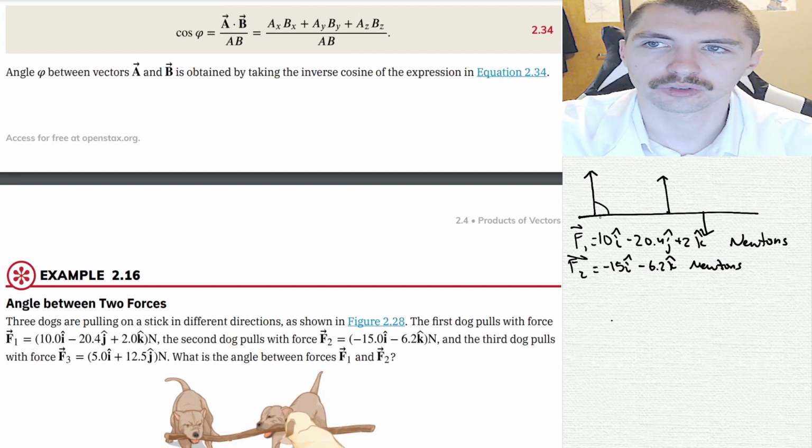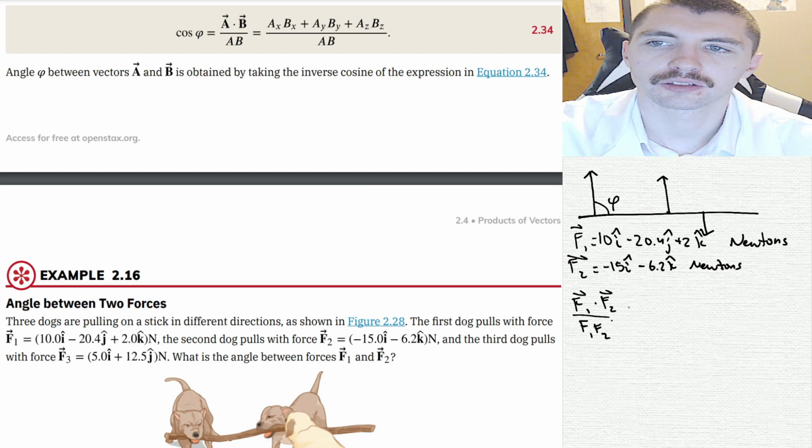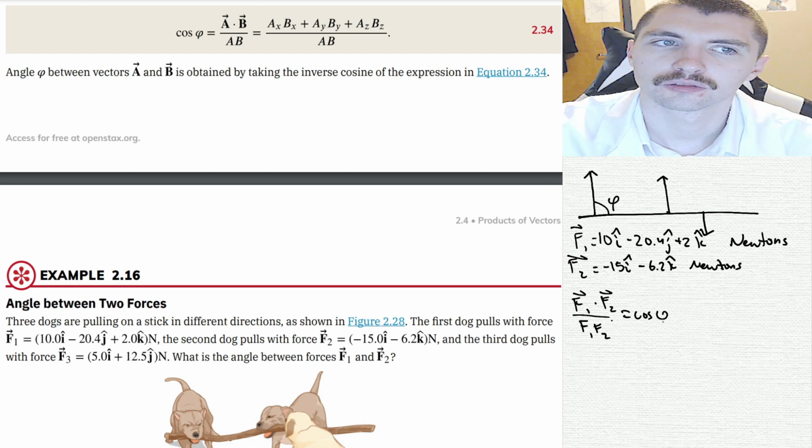So we want to know phi. I'm guessing this is phi. So that's going to be, okay. And cosine. So we need to know the dot product.